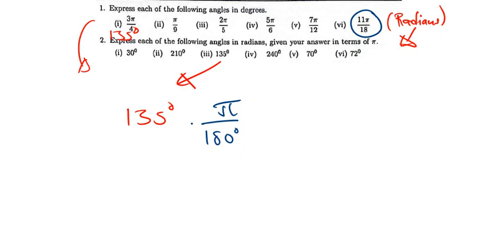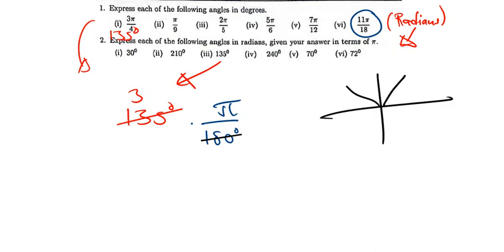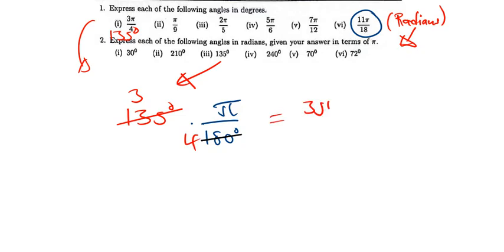We find that 45 can divide both. 45 into 135 is 3 times, and into 180, if you look at the quadrants, 45, 45, 45, 45, 4 times. So we remain with 3 pi over 4. That's how you get to radians.